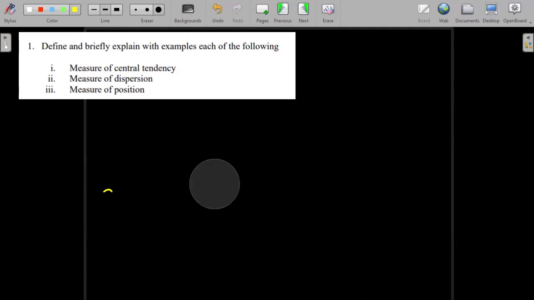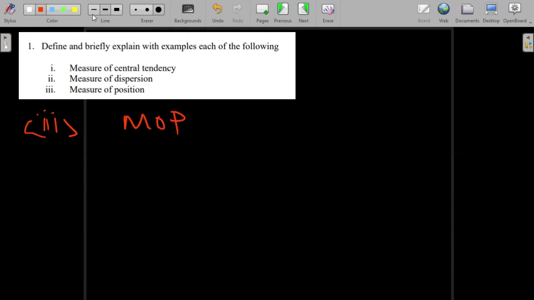So what do we have on the measures of position? Number 3, we have measures of position. What are these measures of position here? A measure of position is just a value that helps us determine where a particular value stands within a data set.